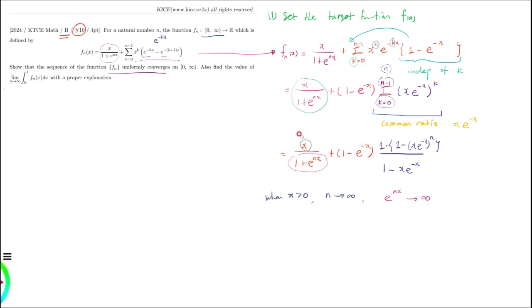So this whole first term goes to 0, and what's left is this part.